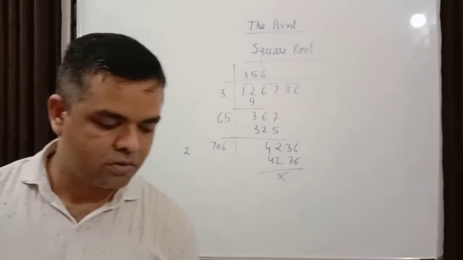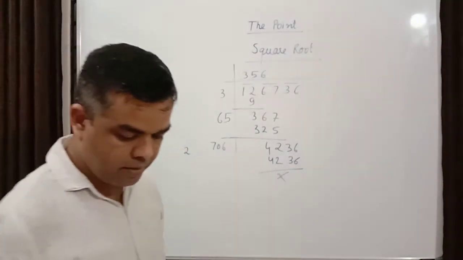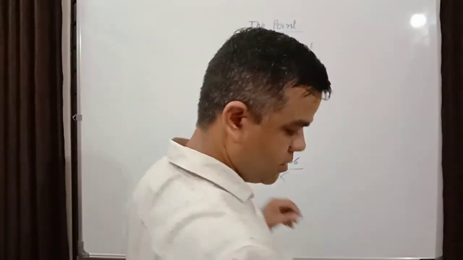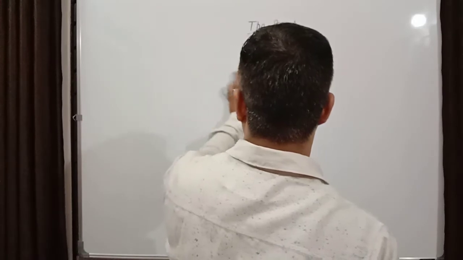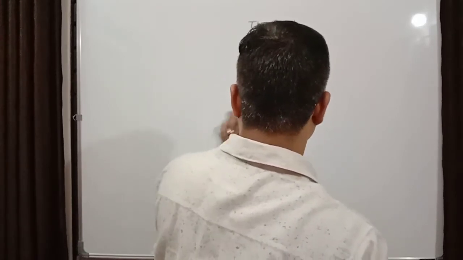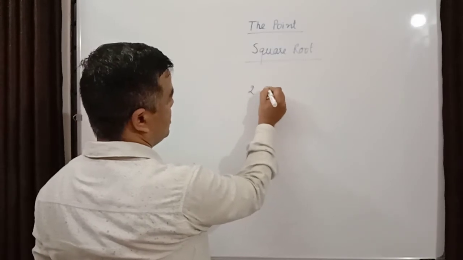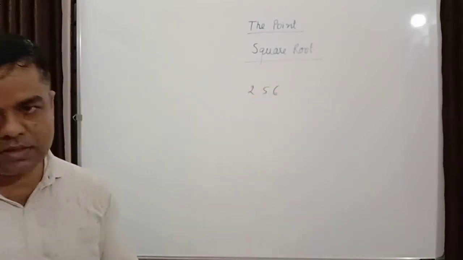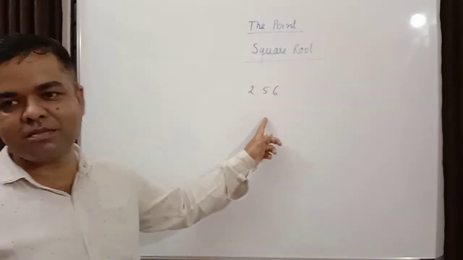Okay, so next example I will take now. Suppose one small example of the factorization method. 256. You all know this is the square of 16, so the square root will come 16.